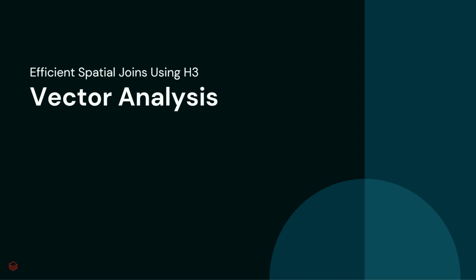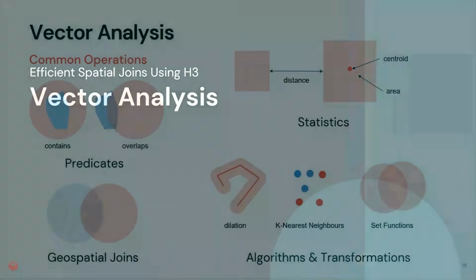All right, so if we look at vector analysis, or lines and polygons, if we think about some examples of what we might want to do with that, it might be: we've got a disease outbreak, can we look at all of the farms within a certain radius of that? Can we look at different habitats and vegetation zones within a given region of interest?